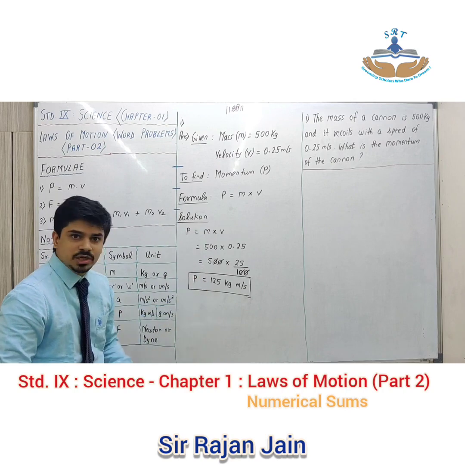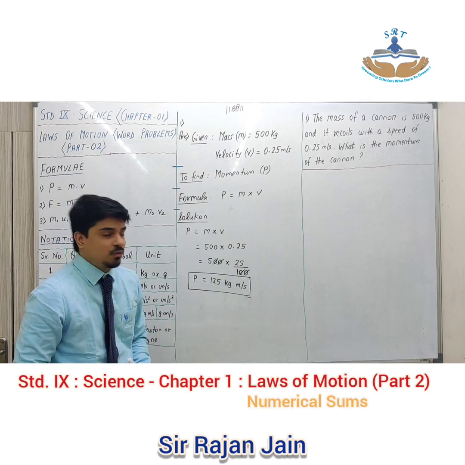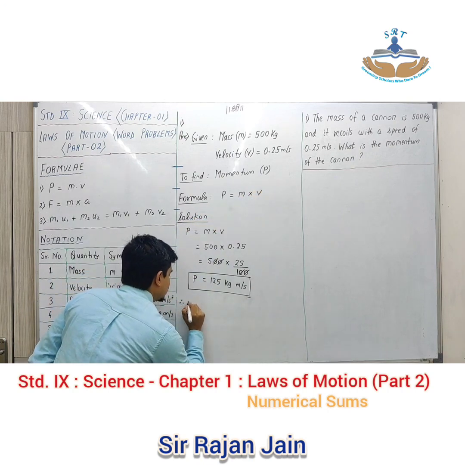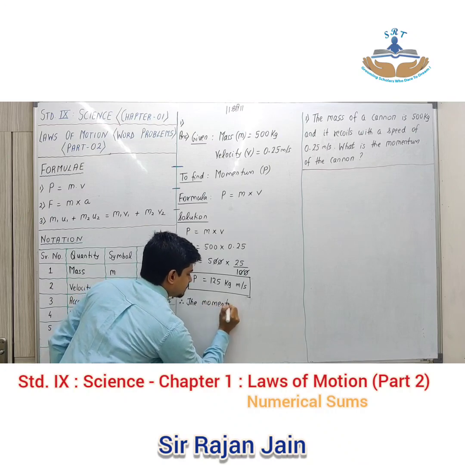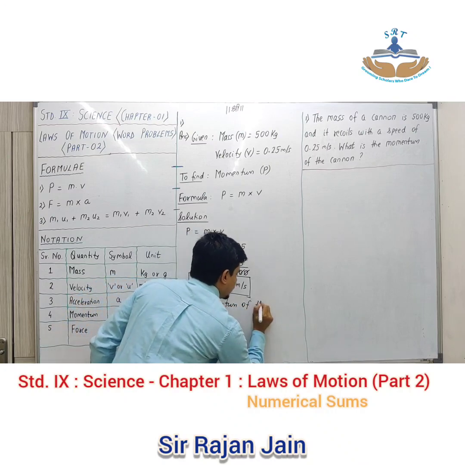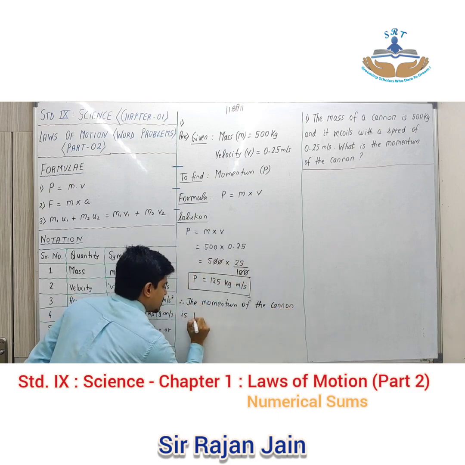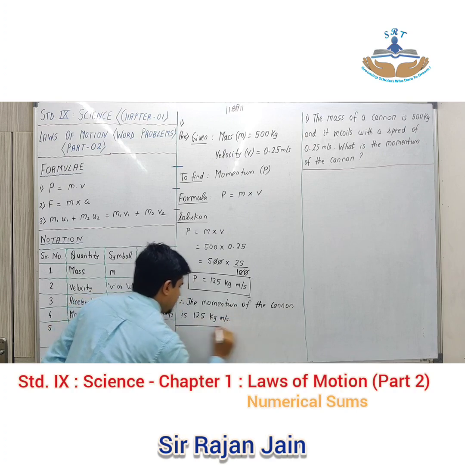So the solution is over, and now you have to write your answer in statement form. What is the question asked? What is the momentum of the cannon? So you say, therefore the momentum of the cannon is 125 kg meter per second.